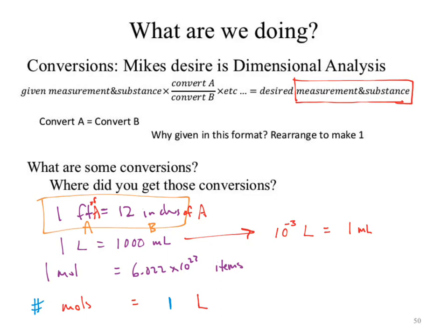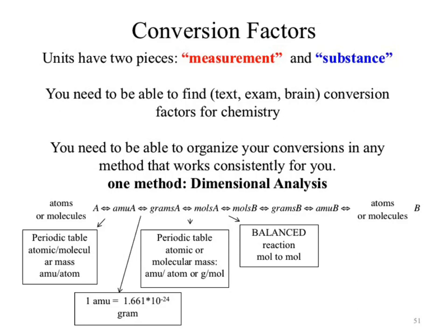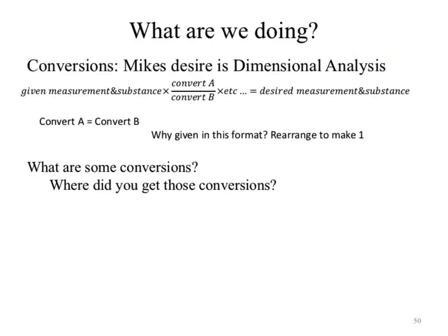What is our unit for substance conversions? Moles. Why are the first two not as relevant? They don't have anything to do with moles. Why do the next two tend to be more important for chemistry? They involve moles. Okay? So one of the most important conversions that you need to manipulate through is moles, because that's chemical equations.